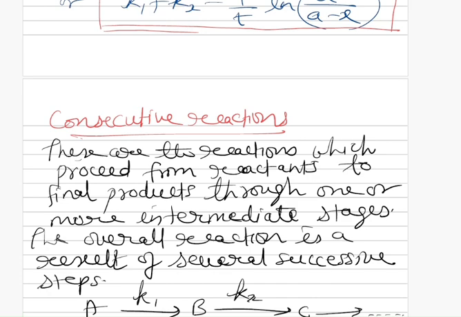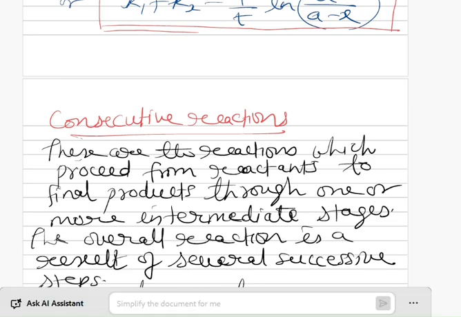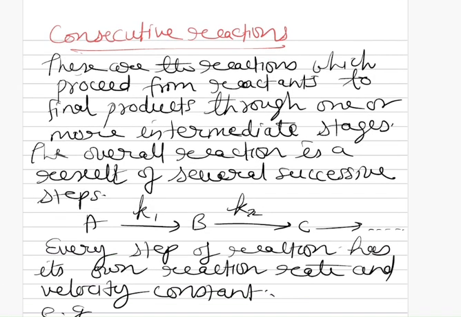Now we'll study the consecutive reactions. Consecutive reactions are the reactions which proceed from the reactants to the final products through one or more intermediate stages. Means there is not a single step. There are many steps. Means A is forming B, B is forming C, and so on.